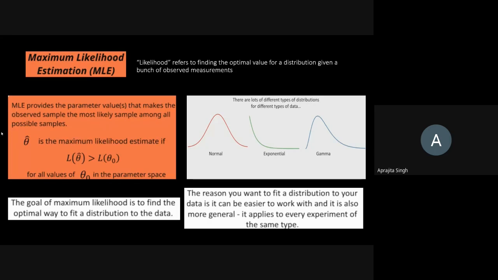It assumes that all the variables relevant to the model are already fully observed. As you can see, over here we are having observed measurements. So what is maximum likelihood assuming? It is assuming that all the variables relevant to the model are already fully observed and are already present.